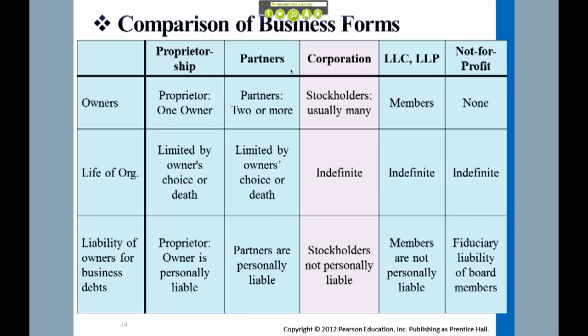So for any debts that occur in a proprietorship firm, the debt holders have the right to seek the person in charge of the business to pay back. That's what it is. So the proprietor, the business owner, could be paying off out of their own pocket if the company is not generating profit. They're paying off the debt out of their own pocket. So they're personally liable for any debts and situations that happen in their own firm.